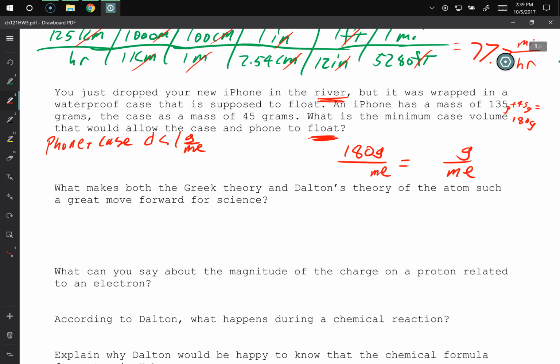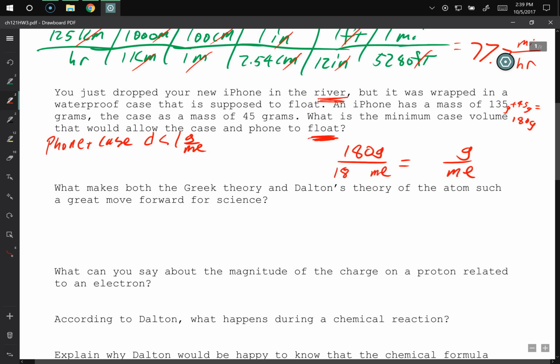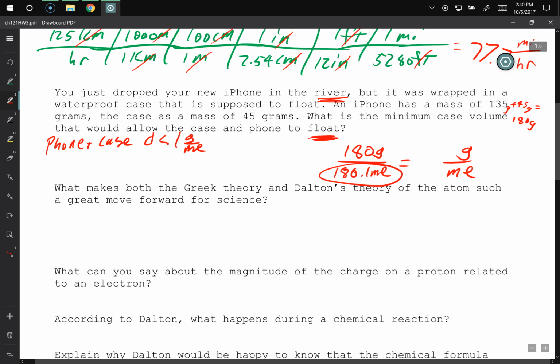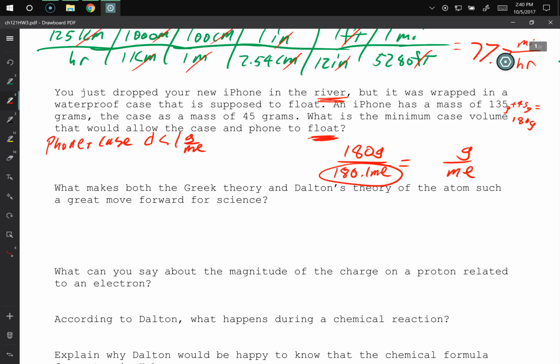Anything else work? Anything larger than 180. So if this was 180.1 milliliters, that case and phone would float. That's all we were looking for. So the answer to this question would be anything greater than 180 milliliters or 180.1 milliliters or 200 milliliters. Any of those things would be fine.